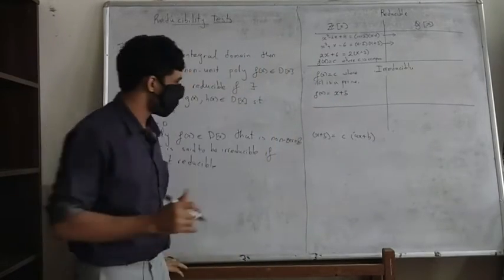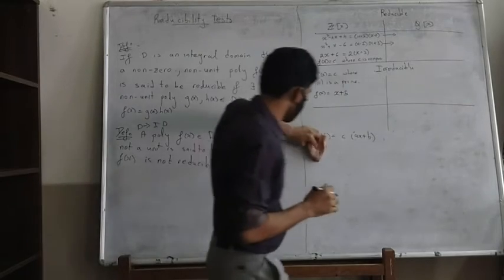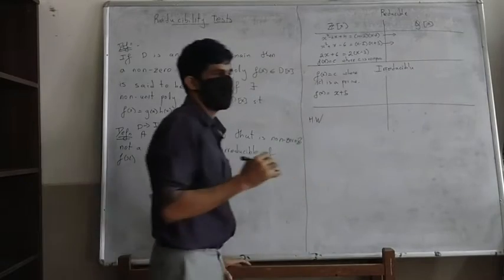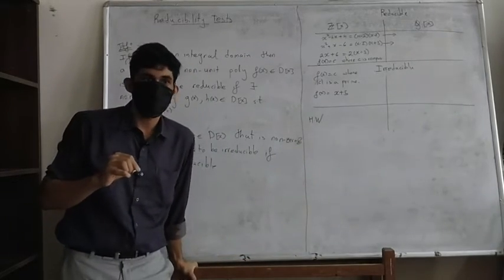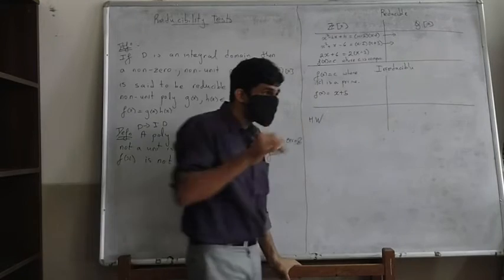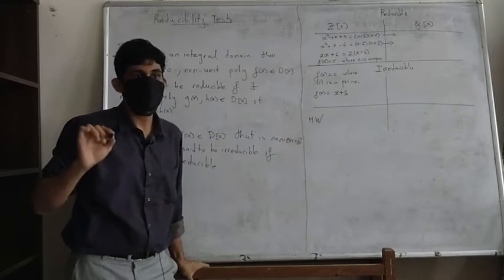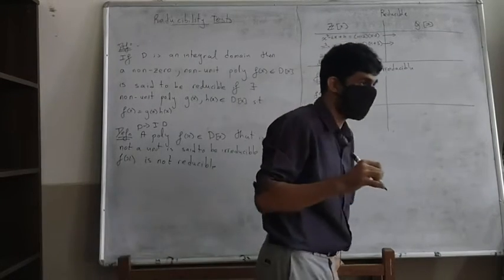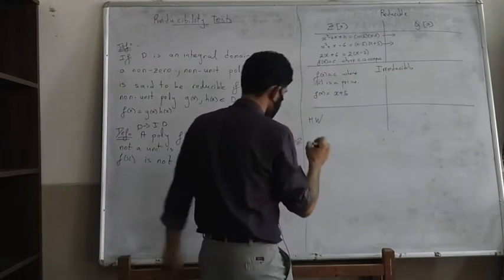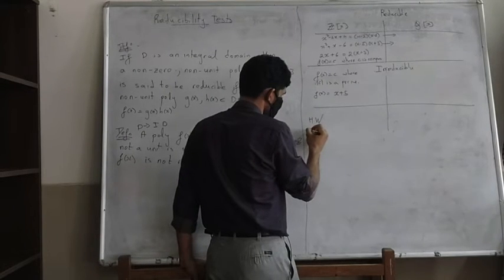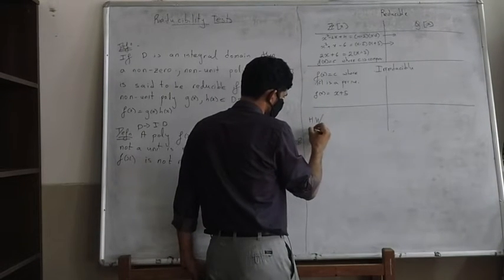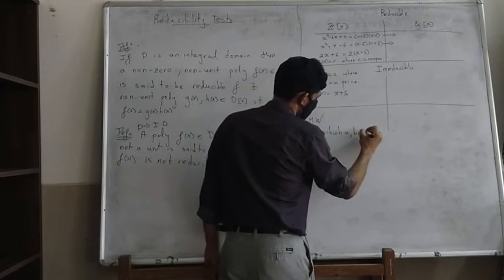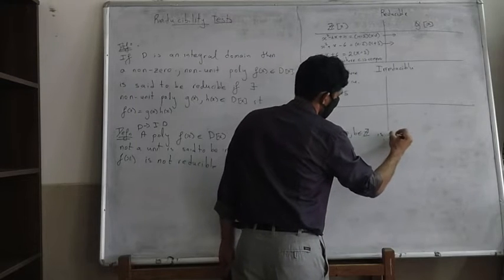I have a small question for you. If you look at Z[x], which of the linear polynomials are actually irreducible? In Z[x], which linear polynomials ax plus b, for a, b belonging to Z, are irreducible?